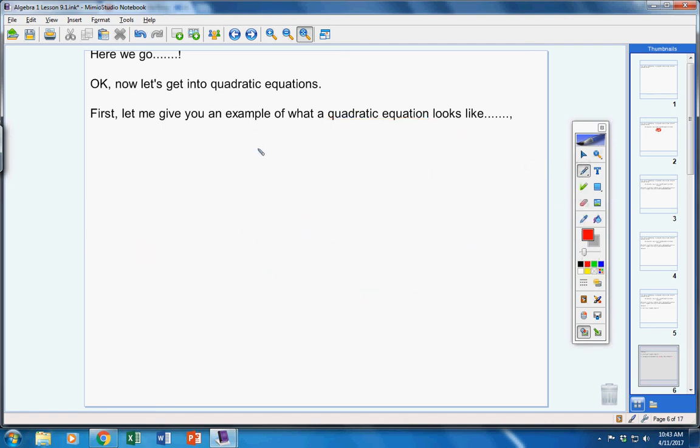Now, I want to show you something else. You can copy this down or just watch. You'll probably just watch and you'll be okay. Now, some students will look at this problem and they would say, oh, this is not a quadratic equation because my highest exponent is a 4.